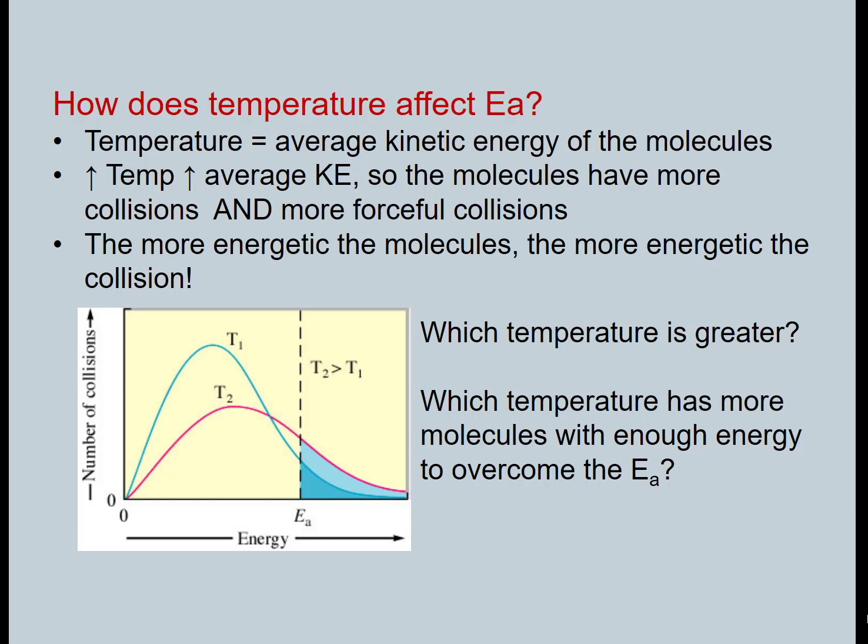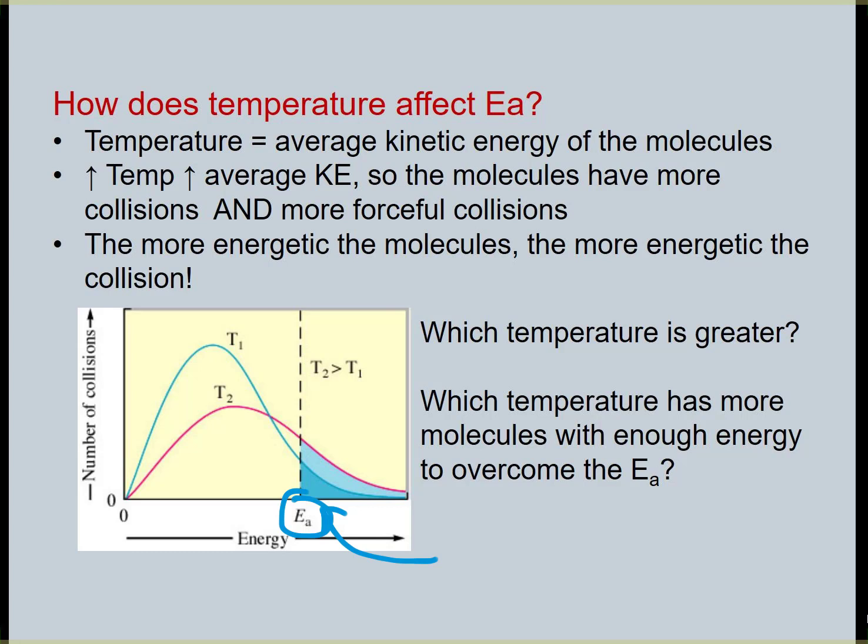And this is a diagram that shows two different temperatures. And right here, this dotted line, this is your activation energy. So at some point, the collisions are going to be strong enough, because there are more of them and also more energetic, that the reaction is going to be able to occur.